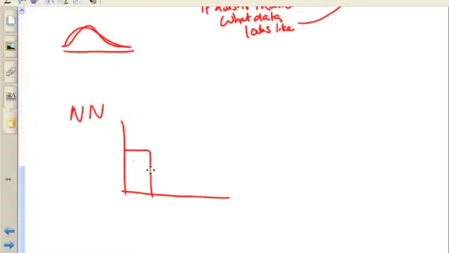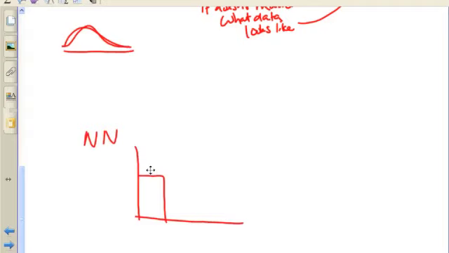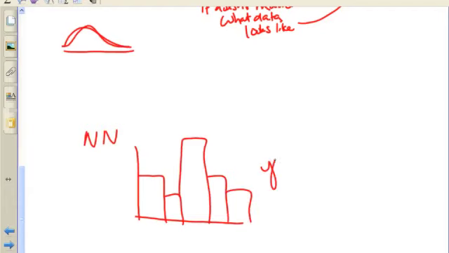So something like this. And I would say it's symmetric and unimodal, so I'm good to go. Notice this is not a work of art. It is a quick sketch. All right, so we have checked our conditions.